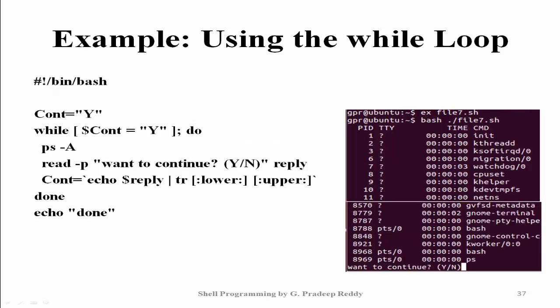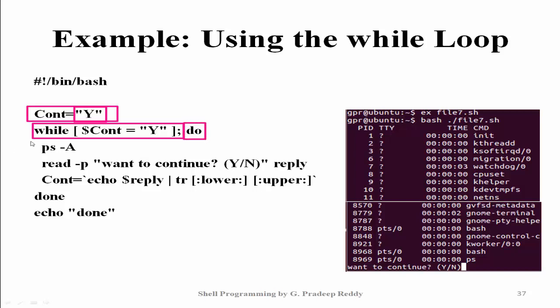So next one is using a while loop. Here you are going to use count equal to s. Here we have taken a string, because of that reason we have enclosed it within double quotes. Now here you are going to check: if you want to continue, you are going to press S. Then you are going to use a do loop.